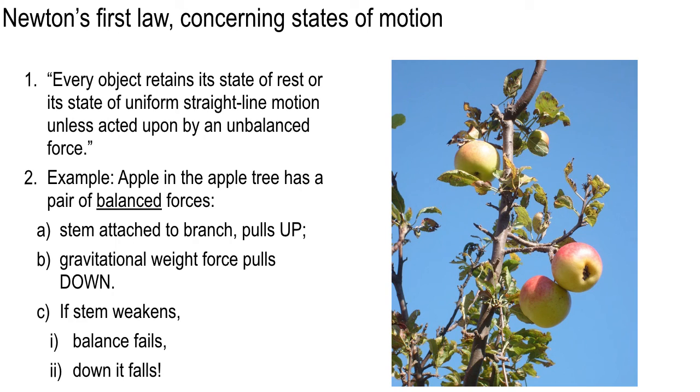So you can either have zero forces, like you're way out in space, far away from the nearest galaxy, and there's no gravitational forces on you, and you're going around at constant speed, constant velocity. Or there are some forces on you, but they balance. And that would be the case here.